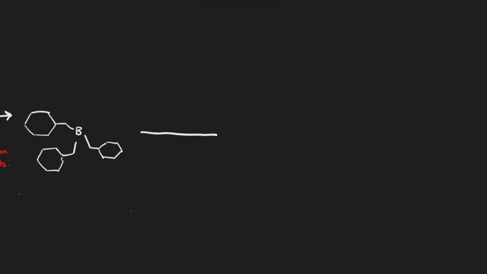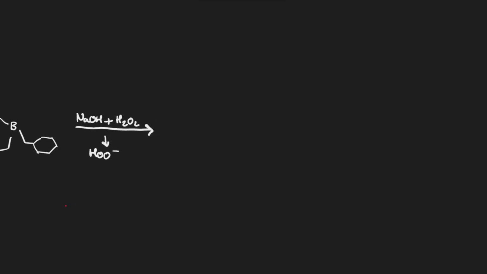Okay, now we use our reagents, so our sodium hydroxide and our hydrogen peroxide, to give this ion, and what this forms is our peroxide ion, like so.